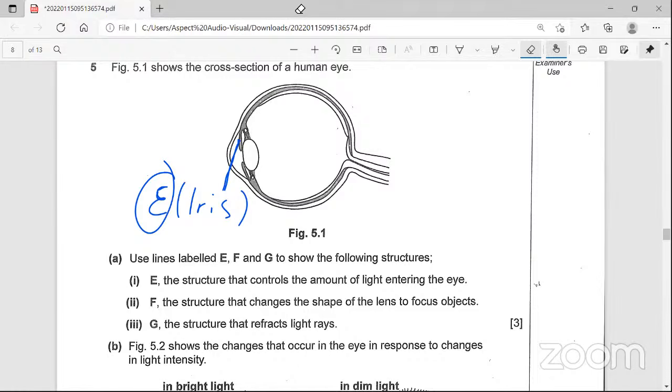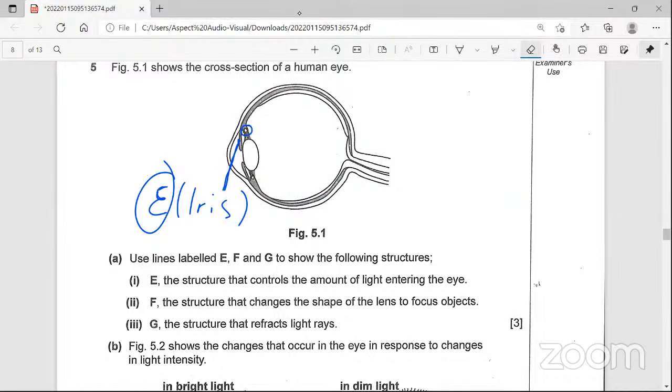The structure that changes the shape, so these ones are holding it in place.